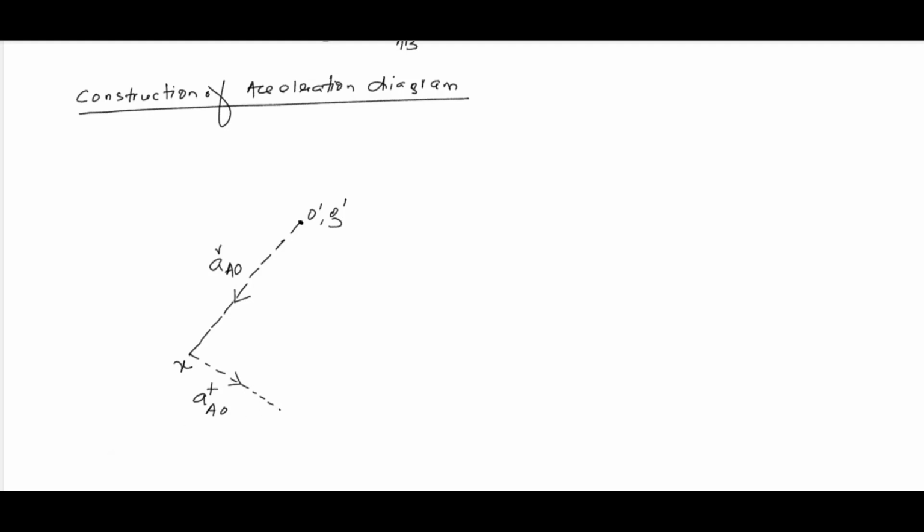So you'll get point A dash here. Earlier we used to draw directly from O dash to A dash, but it is not like this in this particular case. Now you join O dash A dash. So this will give you the total acceleration component of AO.